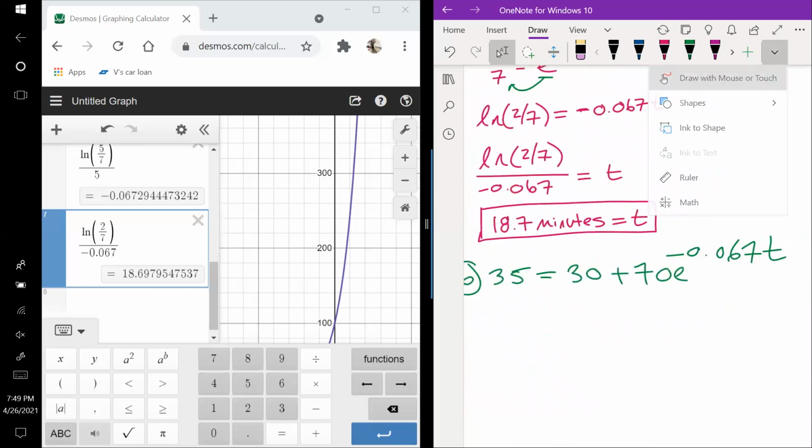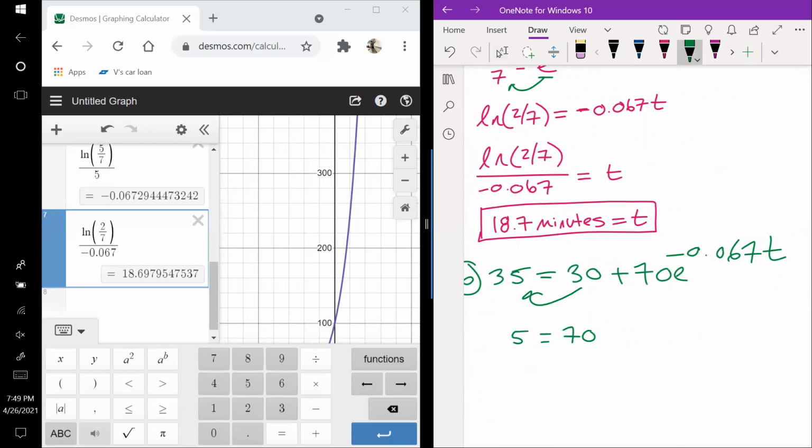And solve for time. Move that 30 over. 5 equals 70 e to the negative 0.067 t. Divide by 70, and you'll get 1... oh, we can leave it as 5 over 70. Sure. 5 over 70 equals e to the negative 0.067 t.